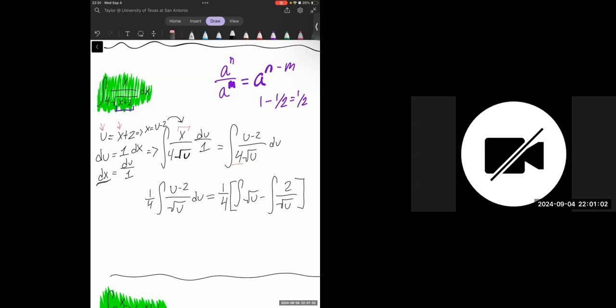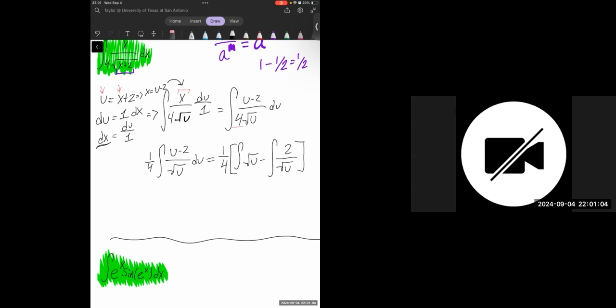And the last step is just to evaluate our integrals. I'm going to write u to the 1/2 so that we can see all of the steps, and 2 times 1 over u to the 1/2. I'm going to go ahead and rewrite this as u to the negative 1/2.